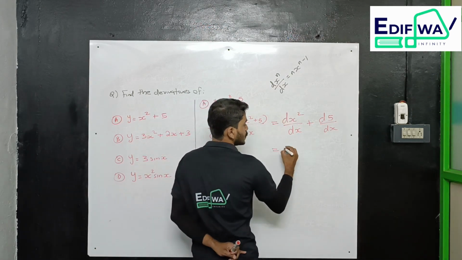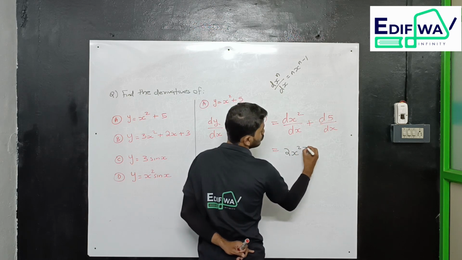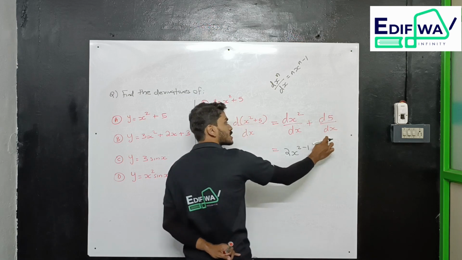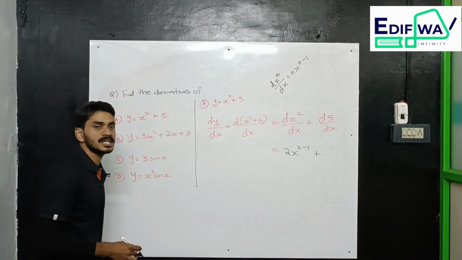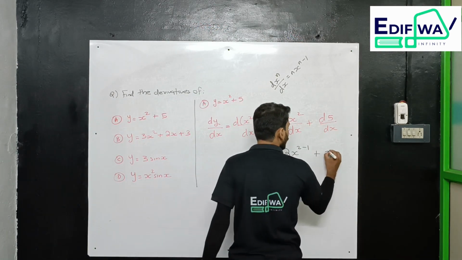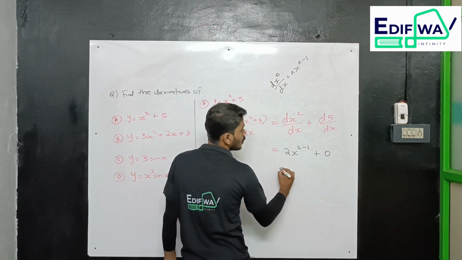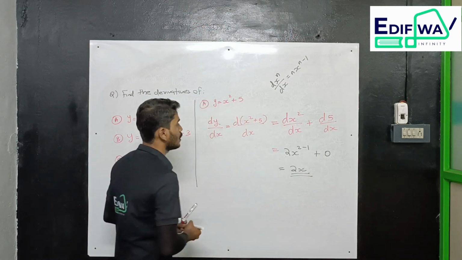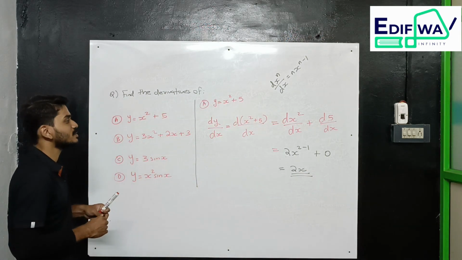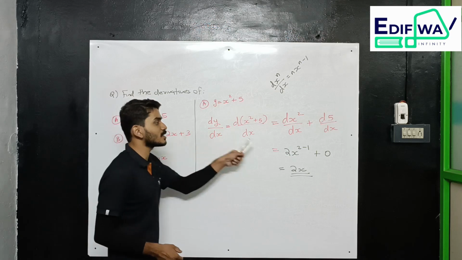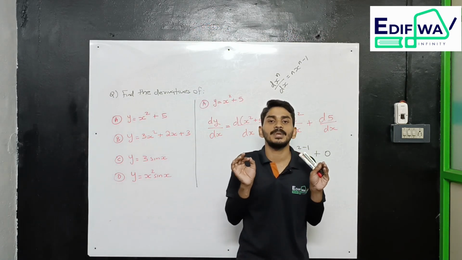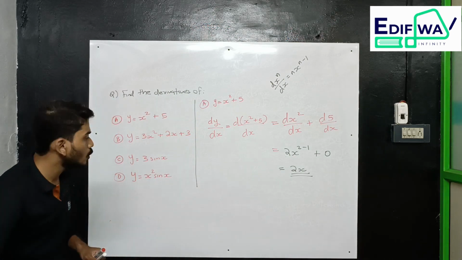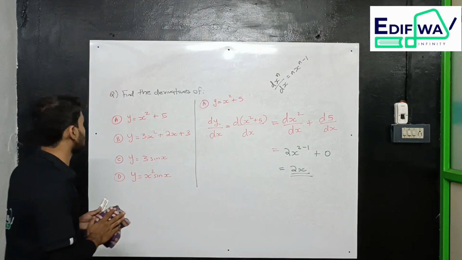So 2x raised to 2 minus 1 plus derivative of a constant. What is the derivative of a constant? It is 0. So this is going to be 2x. This is so simple. That is why I told you these things are nothing to worry about. You just learn the basic formulas and do these examples. That's all. So we will go for the B question.